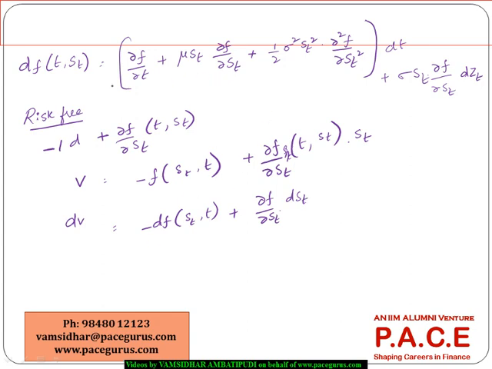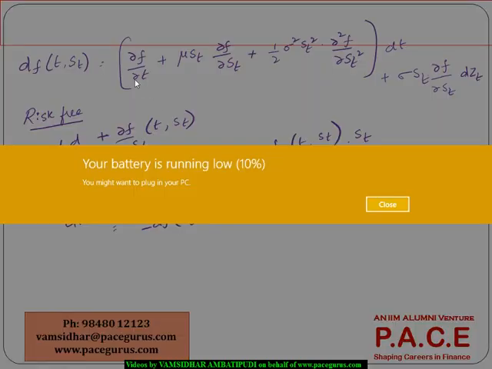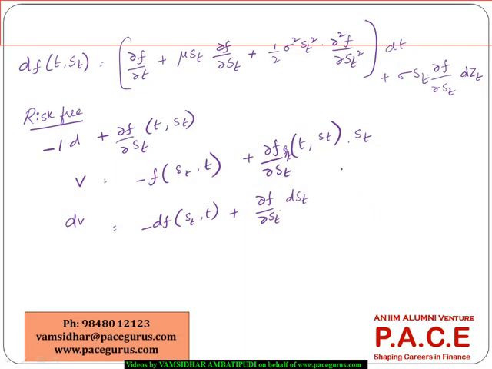Now we have already seen d minus df. Looking at this, minus df plus ∂f/∂st dst. Simplifying, this is the minus part, and I know dst is nothing but st times mu dt plus sigma dzt.